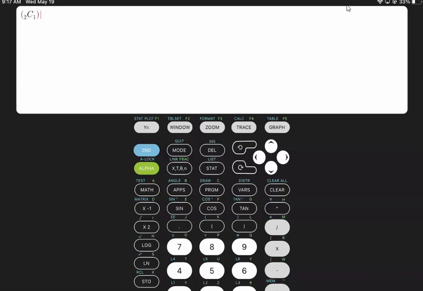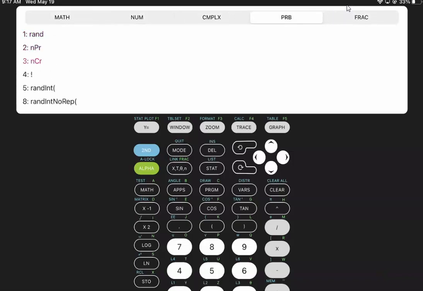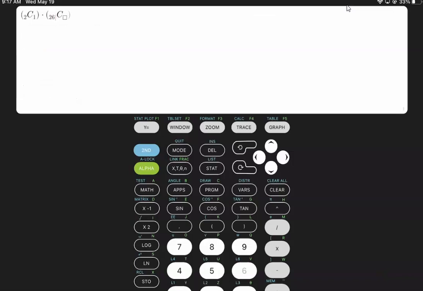Then close your parenthesis, times another parenthesis, and again, same thing if you have an older calculator: type in 26, and then do your math choose. If you have the newer calculator, go to math, probability, option 3, we have 26 choose 5. Hit enter, and you should get 131,560 different hands.